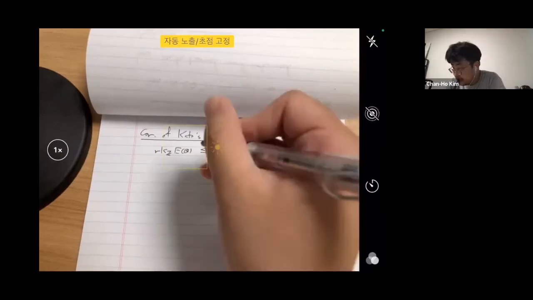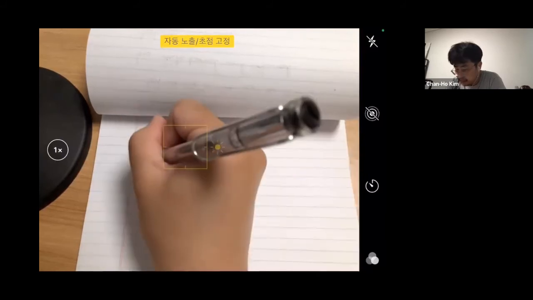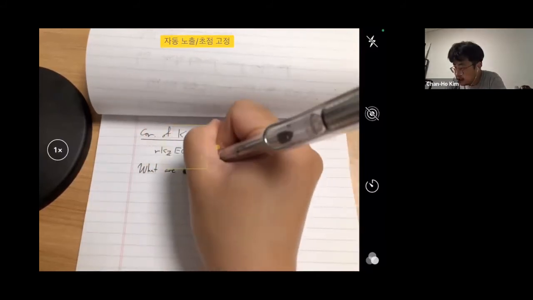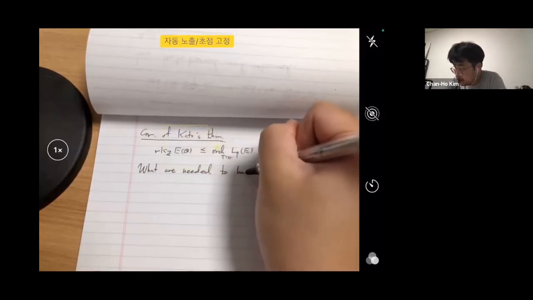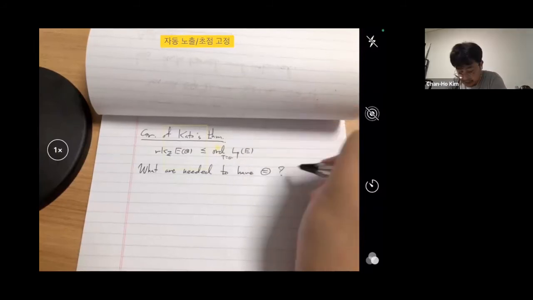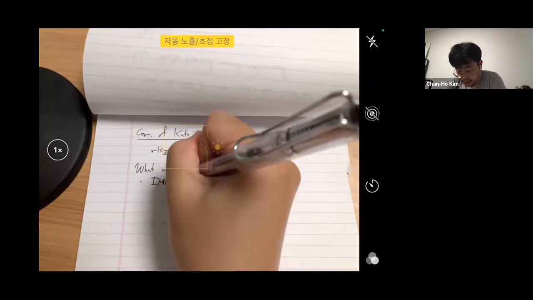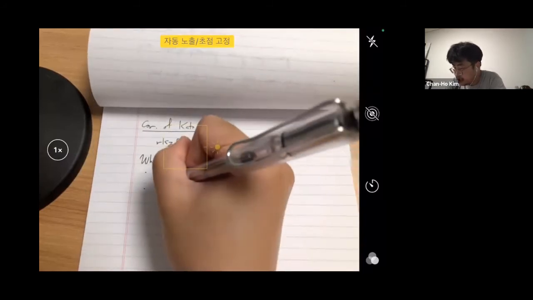And in order to have this equality, what do we need? To have equality in the p-adic BSD, the first is the equality of the Iwasawa main conjecture. The other is the finiteness of Sha.